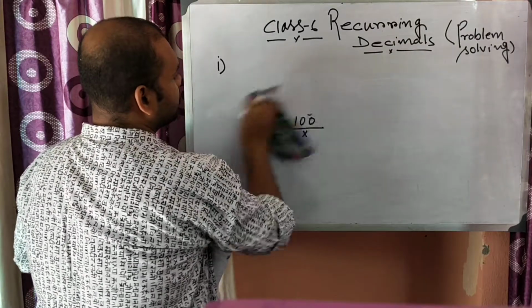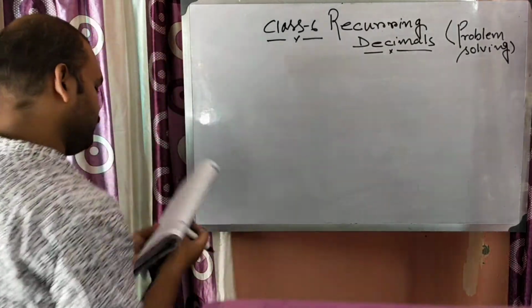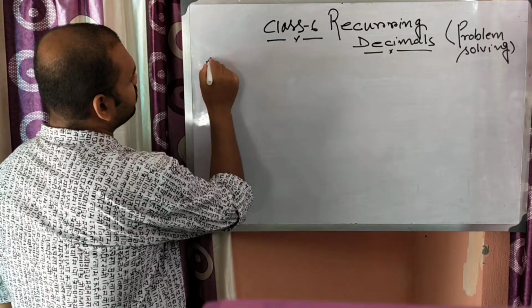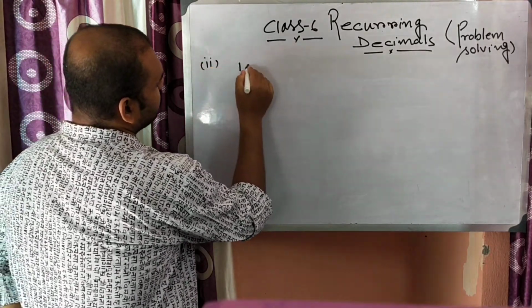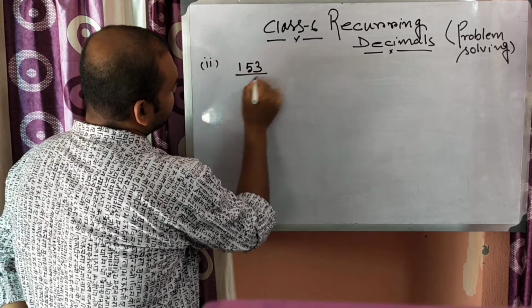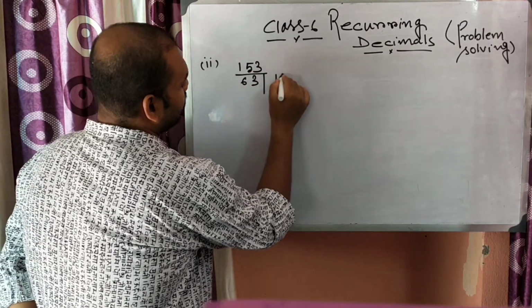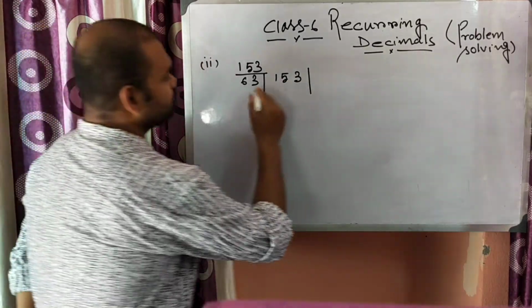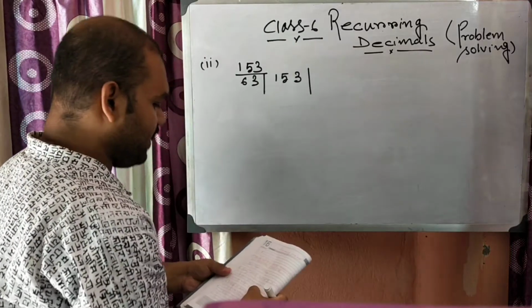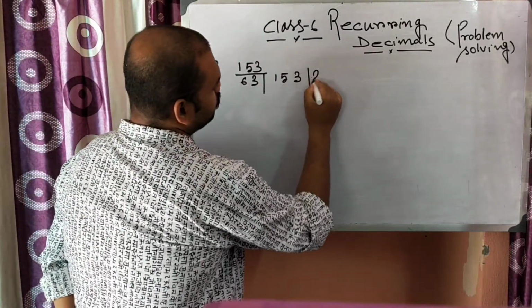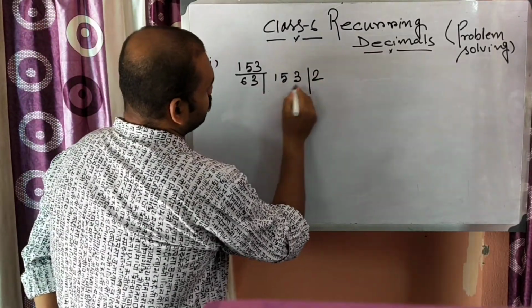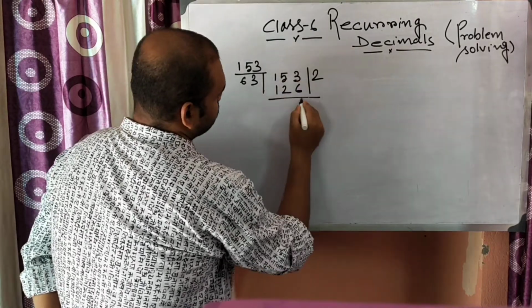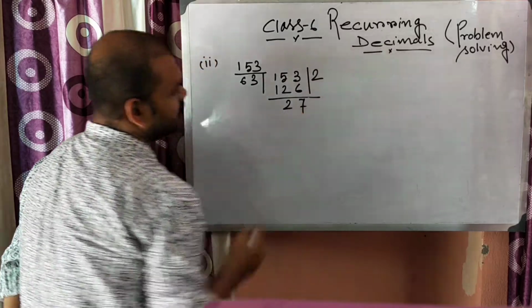Next, for the next sum, suppose we divide 153 by 63. How to do? 153 by 63. 2 6s are 12, 2 3s are 6, so 27.